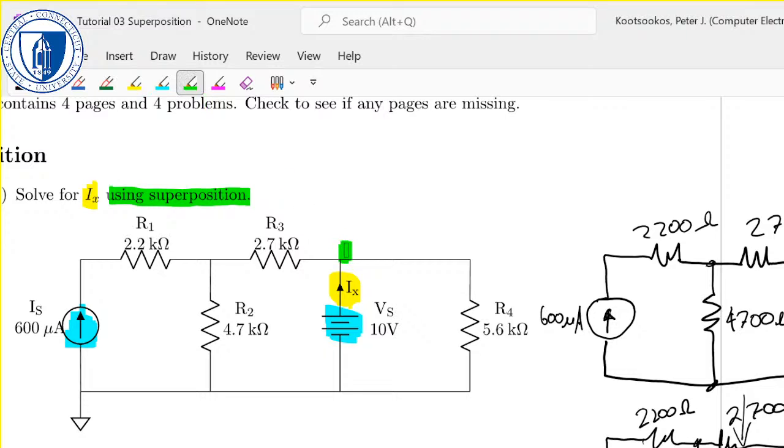But because I've put in a short circuit, this whole thing is a node. I'm going to use this whole thing as a node.